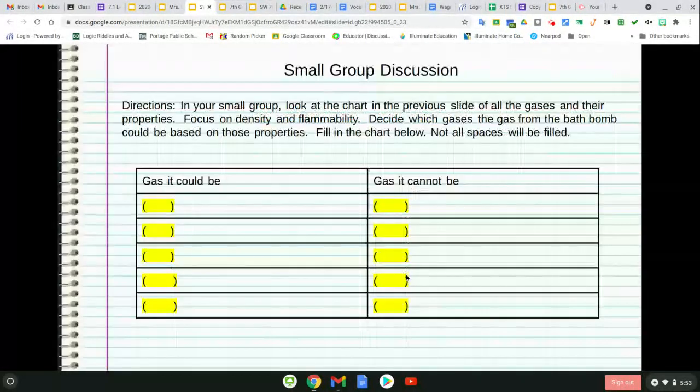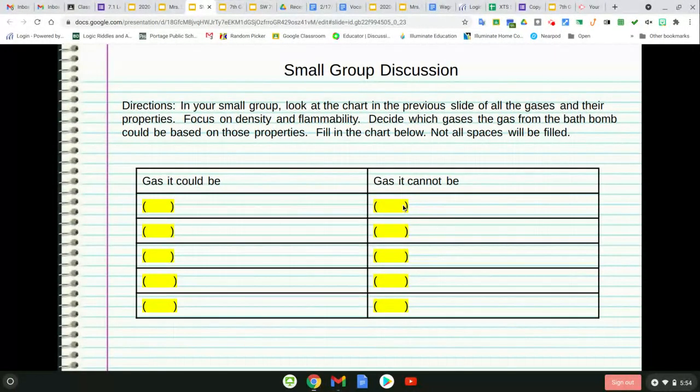Okay, so the next slide is now putting the gases from the previous slide into this chart as either gas it could be or gas it cannot be. Methane would go in the column gas it cannot be. It doesn't have the right density and it does not extinguish a flame. So methane would be the first one we could type in gas it cannot be. Okay, you have 10 gases, including air.